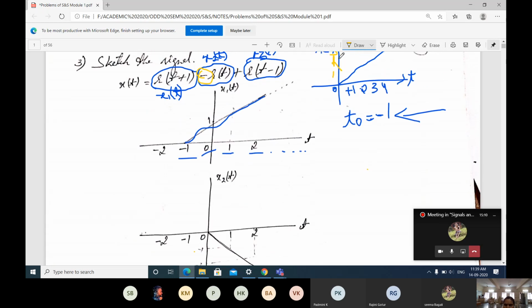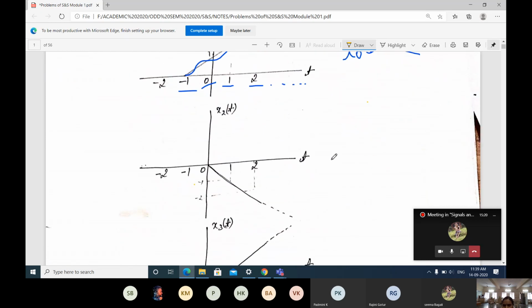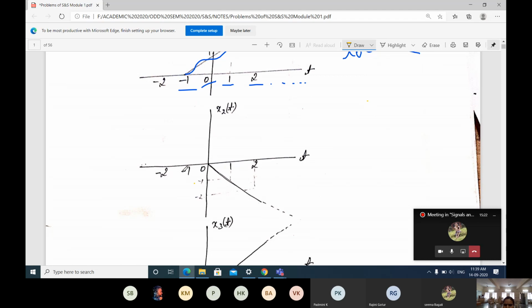The magnitude of r of t is taken on the negative side, so it comes in the fourth quadrant, where time is positive on the x-axis and y-axis is negative. That is the minus r of t signal.